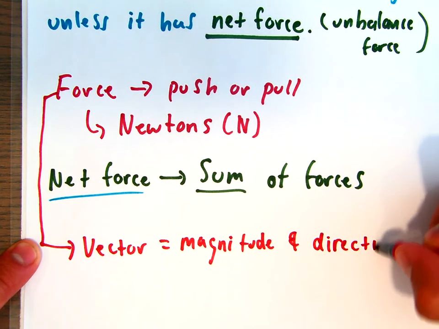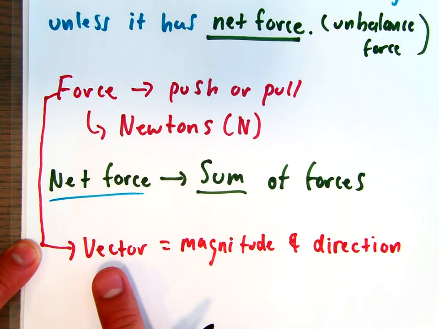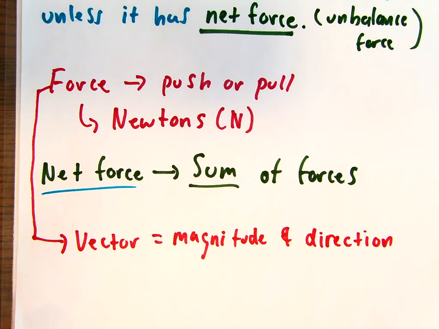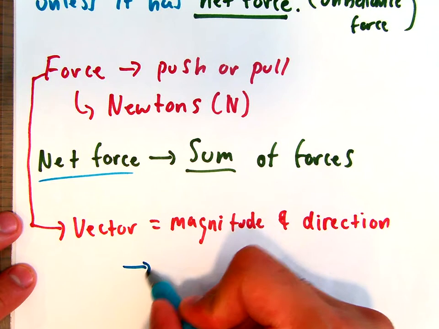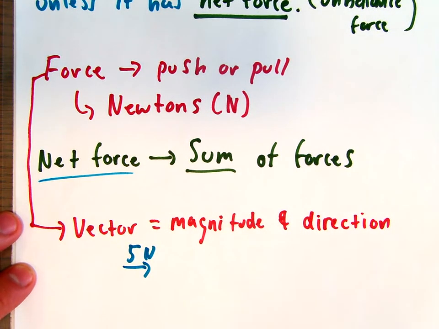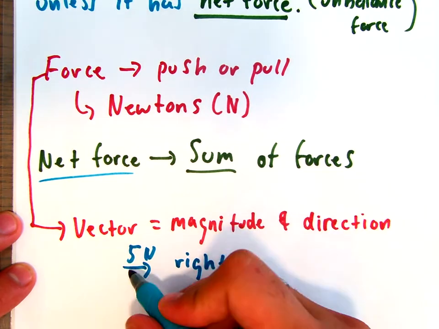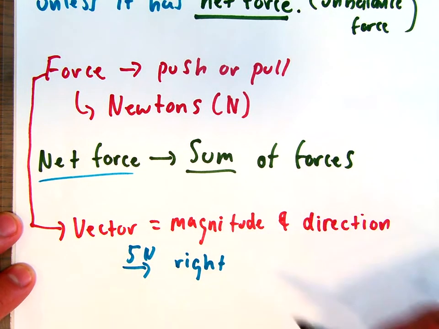If you think back to our motion unit, there was something similar to that, which was velocity. Velocity is also a vector. Vectors are usually represented with arrows. So let's say I have a force that looks like this. It's 5 newtons, and I would say to the right. So 5 newtons is my magnitude, how big the force is, and right is obviously my direction.